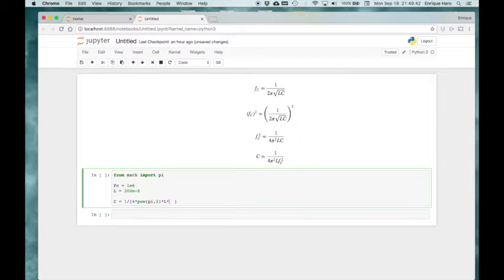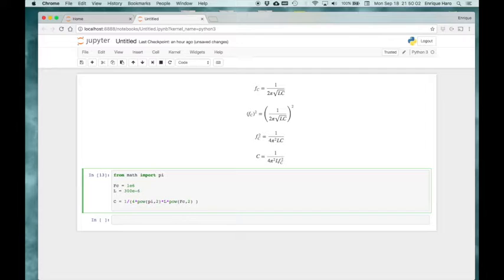We're going to use the power function again. Frequency raised to the 2 power. That's it. That's our formula. And oh, one more thing. We need to show this. So we're going to print the result of C.